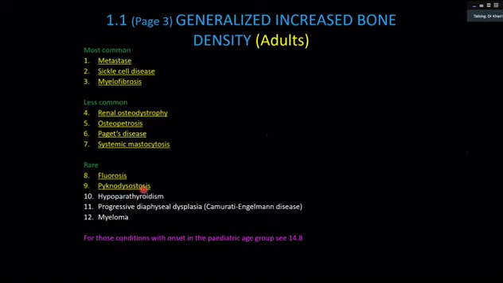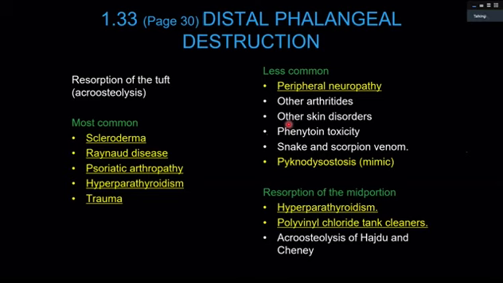So these conditions which have onset in the pediatric group might ultimately be seen in the adult age group also. Another differential diagnosis in your book is distal phalangeal destruction, and out of the less common causes, pycnodysostosis is given there.